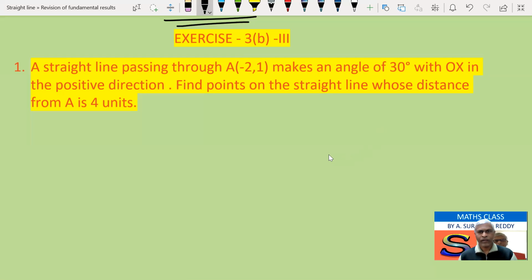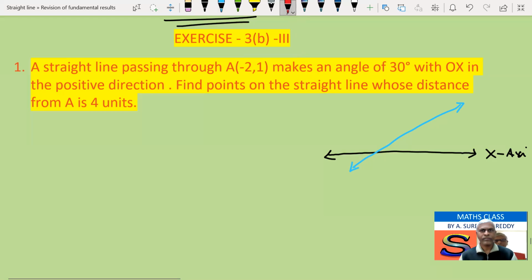So now there is a x-axis. So this is x-axis, a line. Now let us consider a line which is making 30 degrees with OX.